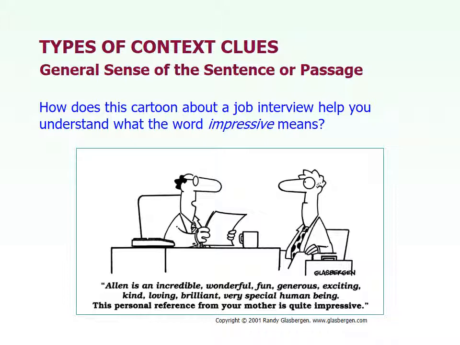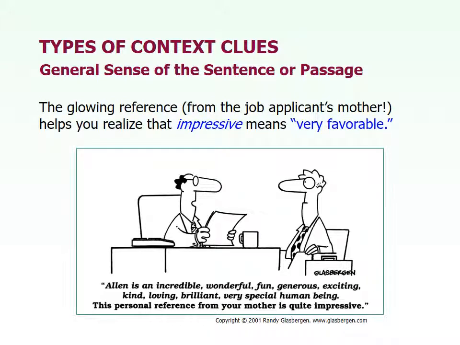The word we're looking to explain is impressive. Given all of that, and the fact that it's written by his mother, what do you think impressive means? Impressive means very favorable, and you can understand that if your mom was writing a recommendation for you, hopefully for most of us, it would be a very favorable thing.